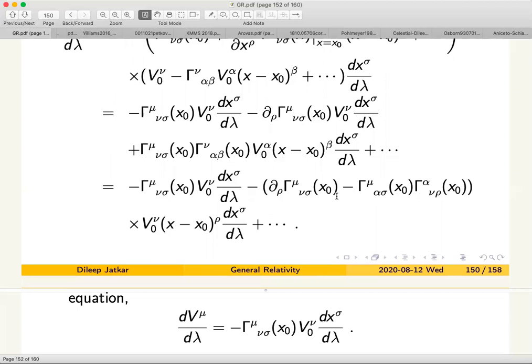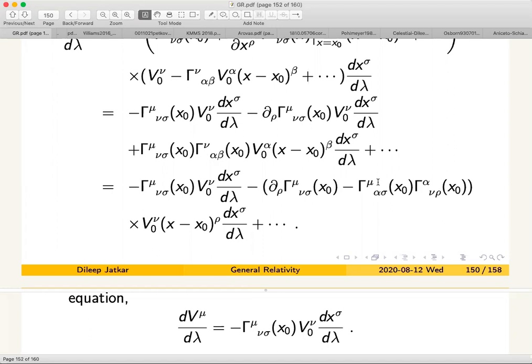Okay, except the fact that this quantity, in the case of the Riemann tensor, is antisymmetric in rho and sigma, and so is this gamma gamma product, which is antisymmetric in rho and sigma, whereas you don't see it here. Well, what you could do is write this quantity as half of del rho of gamma mu nu sigma plus half of del rho of gamma mu nu sigma, doing nothing.